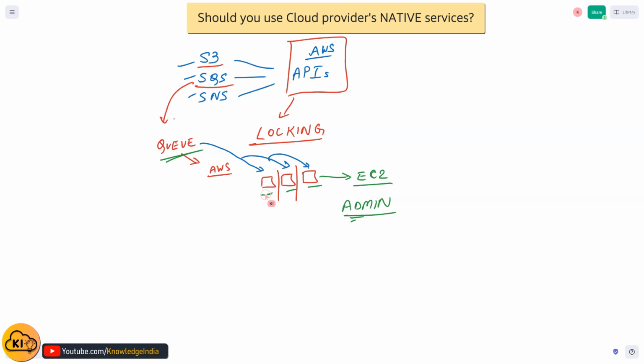Now, yes, you can of course argue that we have got an auto scaling group, ASG. We will use an auto scaling group, and with its help we can manage that these servers remain up, and if any server goes down, it will be replaced by another server.